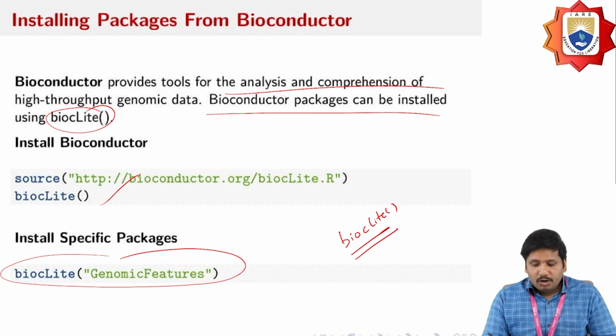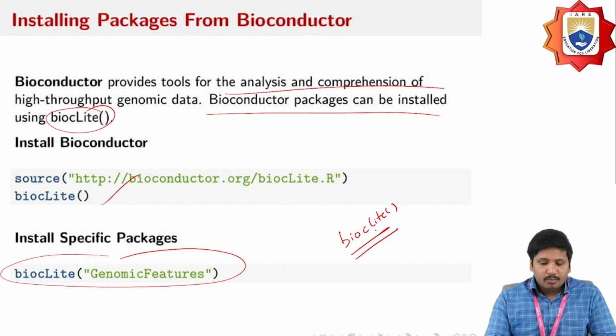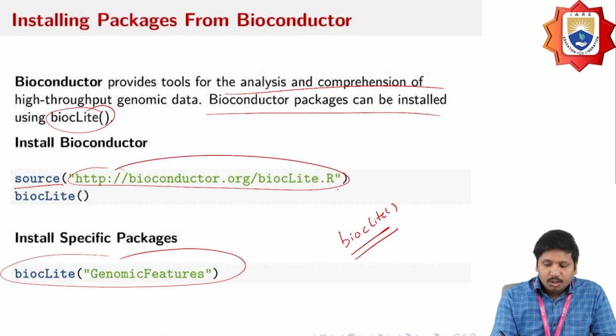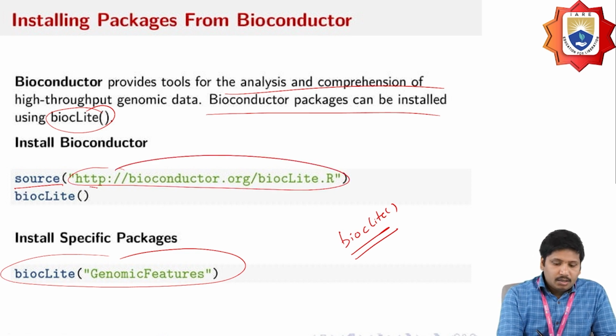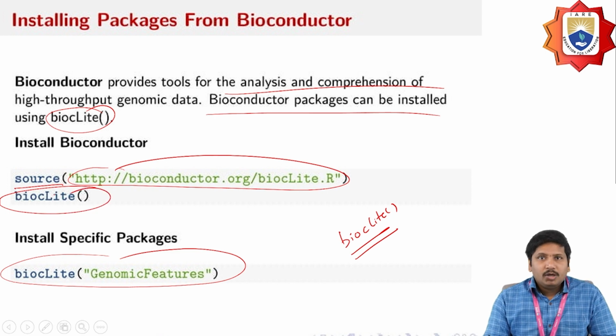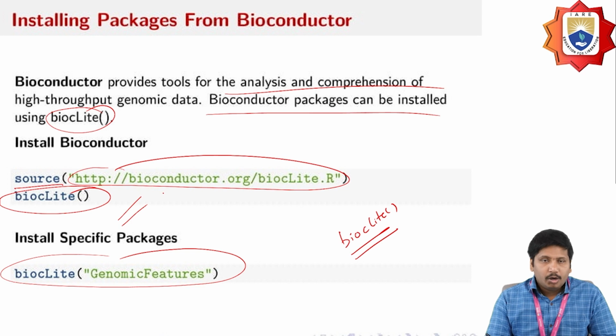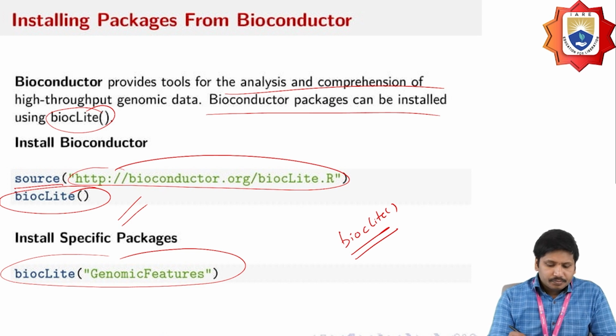If you want to install packages from Bioconductor, first of all I have to install Bioconductor. How can I get the Bioconductor package? source of http bioconductor.org biocLite.R, and I can specify biocLite of the package. Once the Bioconductor package is installed, next we have to install the specific packages.